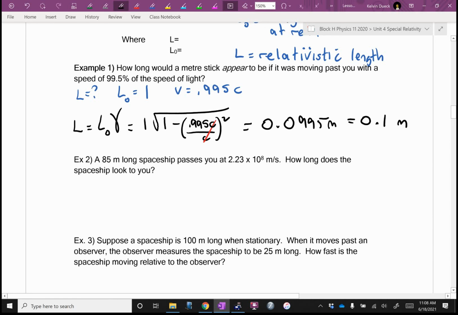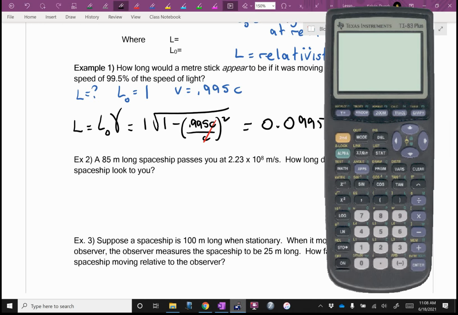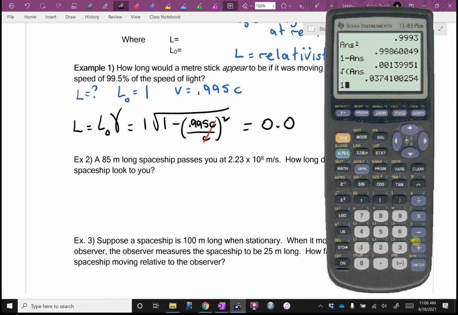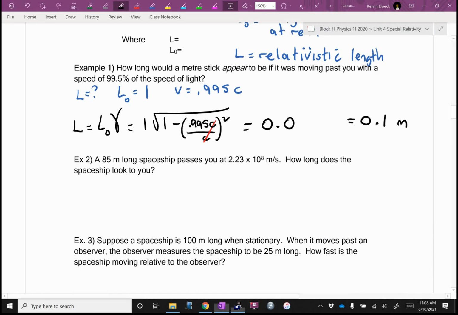An 85 meter long spaceship passes you at 2.23 times 10 to the 8th meters per second. Am I wrong? I didn't crunch it. 0.998?